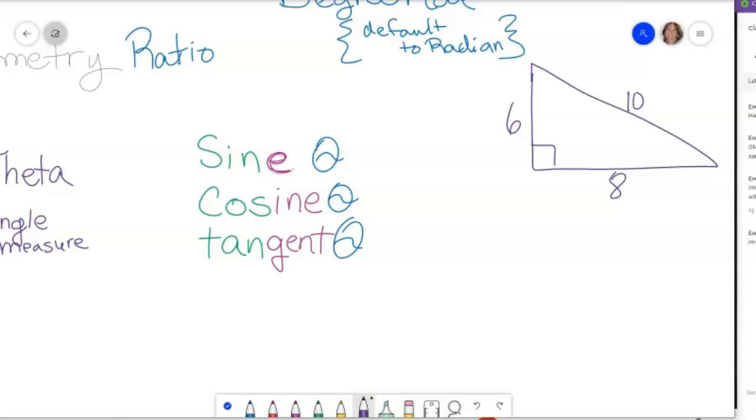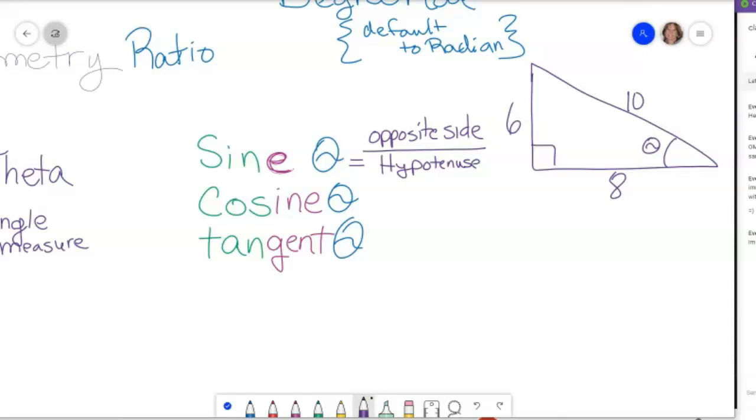I'm going to label this as my angle theta. The set ratio for sine is going to be the opposite side over my hypotenuse. That's the ratio that is being checked.